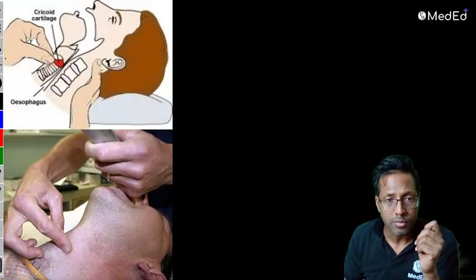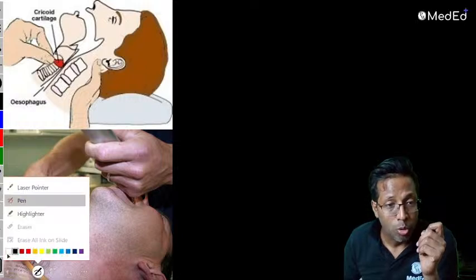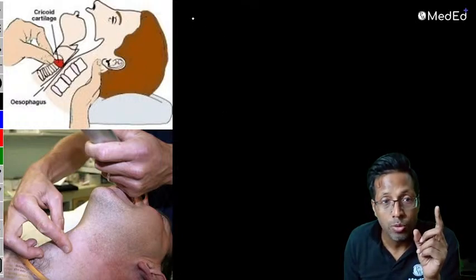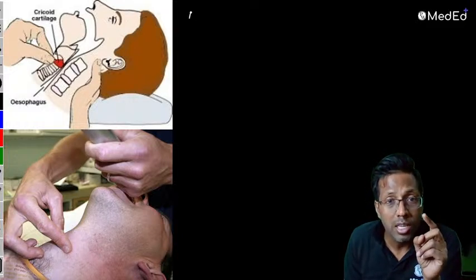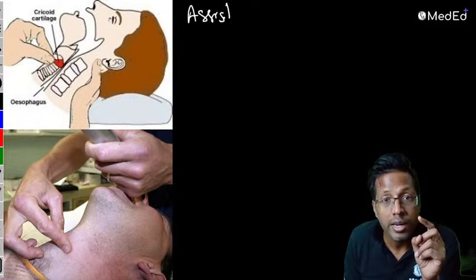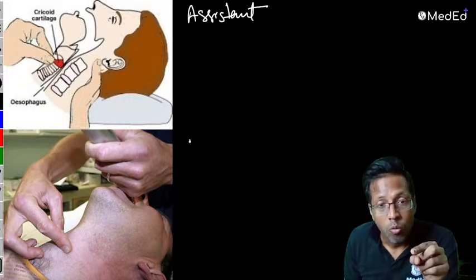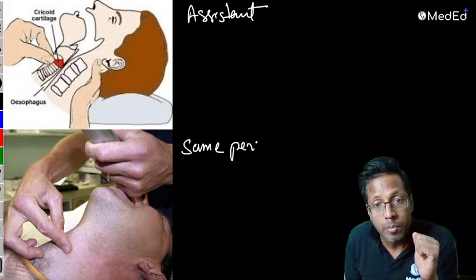Next question. Identify. There are two images and both are different from each other, right? The first image which you see, remember how to identify the difference between them. The first image is where an assistant is giving the pressure. In the second image, the person who is intubating is the same person giving the pressure.